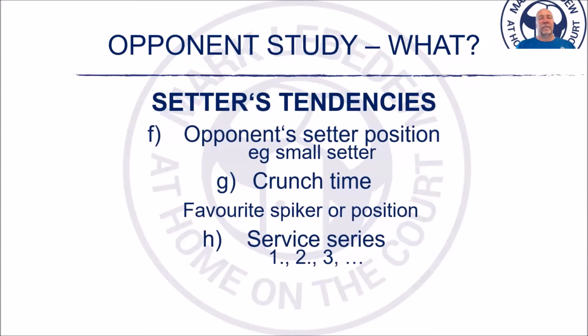So particularly setter position by rotation, setter position by opponent setter, different things like that. Studying those combinations can actually give you a few more predictable situations that might not otherwise be obvious.